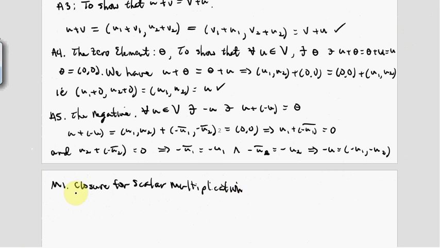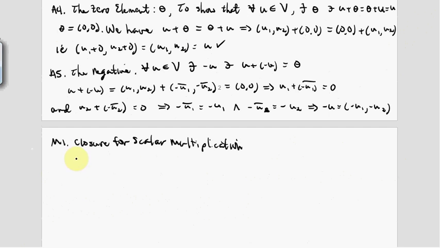Which simply says that for all u that's in the space, and for all scalars, so k is some scalar, here is the scalar times u.